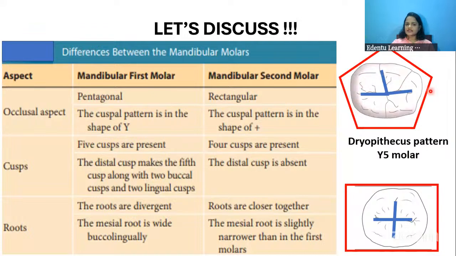If you look at the roots of the mandibular first molar, they are usually divergent, whereas they are usually closer together in the second molar. And the mesial root is wide buccolingually, whereas the mesial root is slightly narrower than in the first molars.